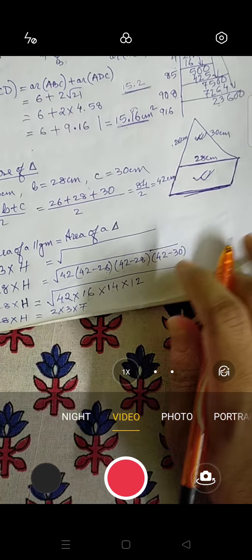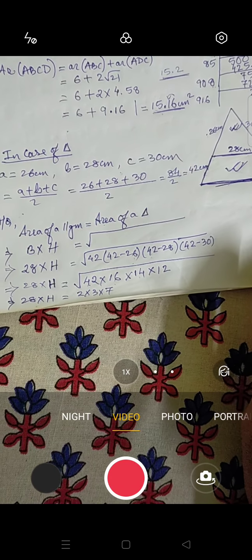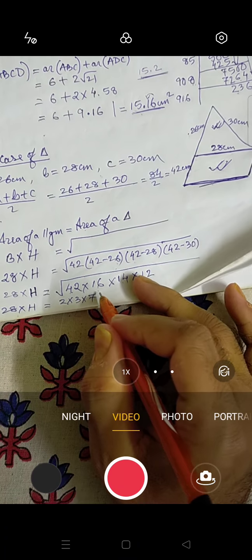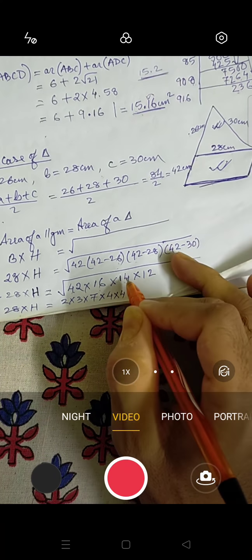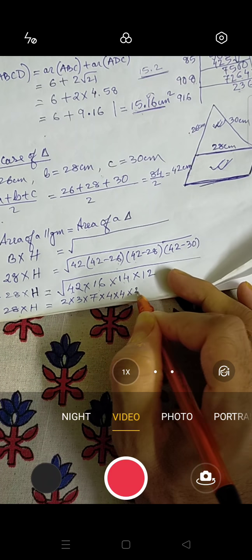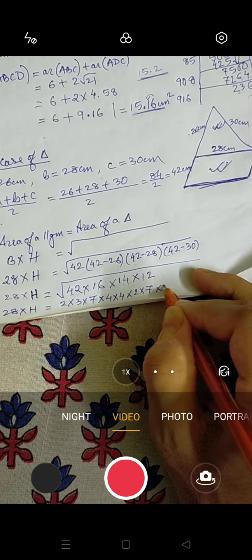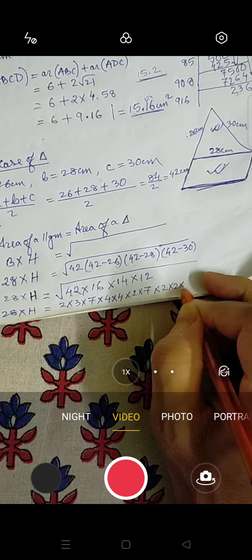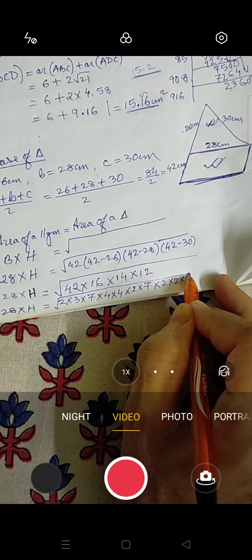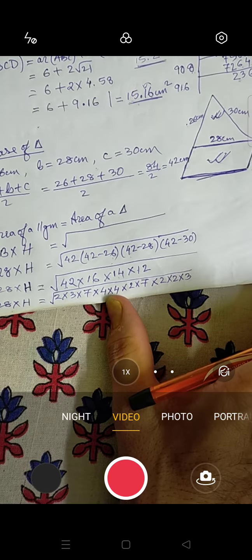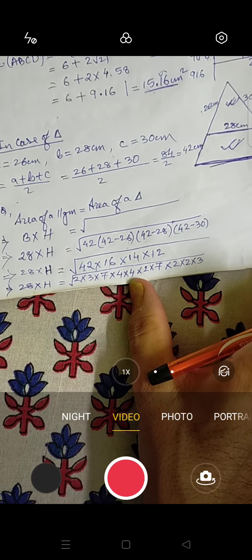Yes or no? 16 I can write as 4 into 4. 14 can be written as 2 into 7. And 12 can be written as 2 into 2 into 3. So these are the values when you take the prime factorization. Any problem? Take it properly, okay.